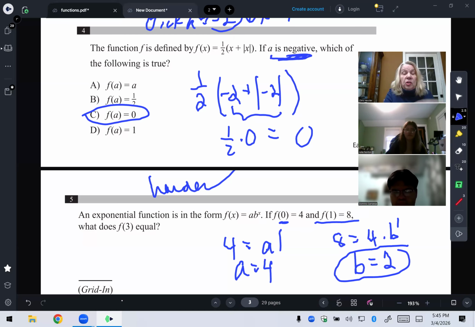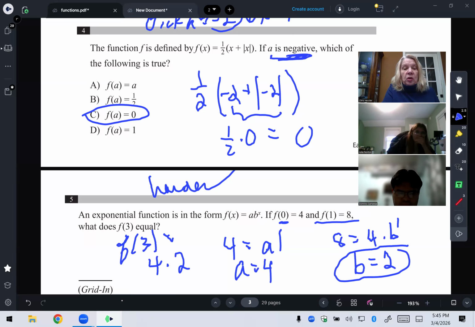Now we have the equation for anything. So we can do f of 3, which will be 4 times 2 to the third, which is 8, and 4 times 8 is 32.